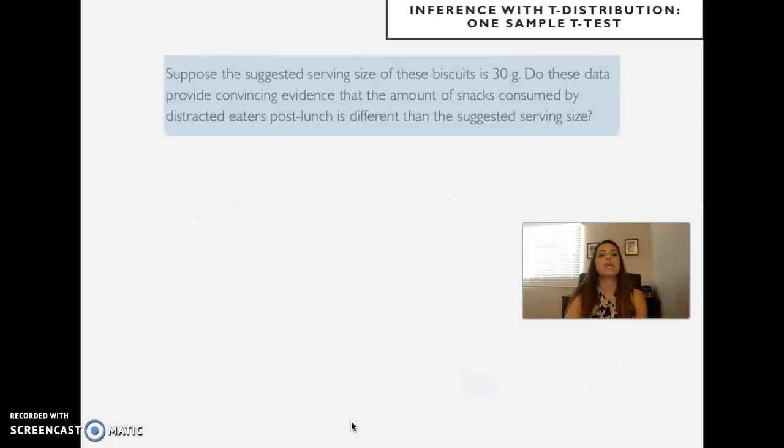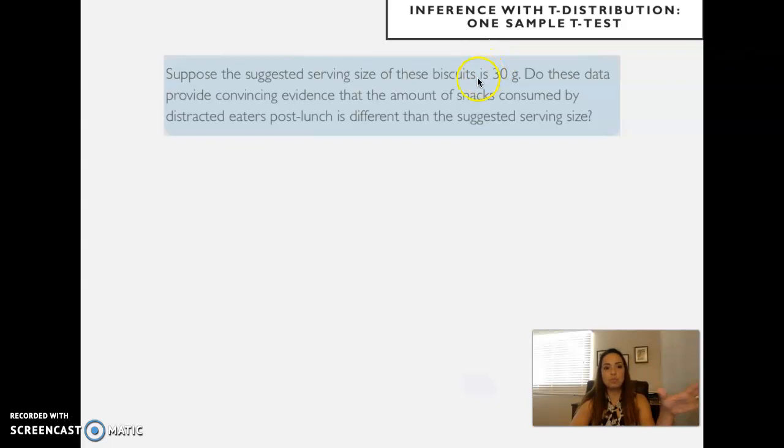Now, continuing on, suppose the suggested serving size is 30. Do these data provide convincing evidence that the amount of snacks consumed by distracted eaters post-lunch is different from the suggested serving size?